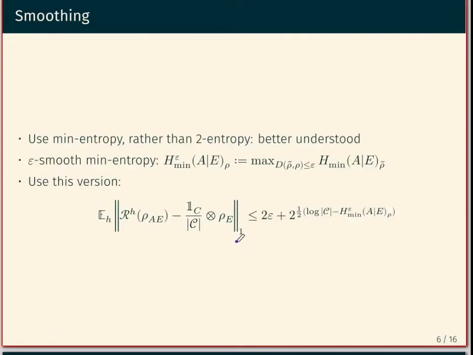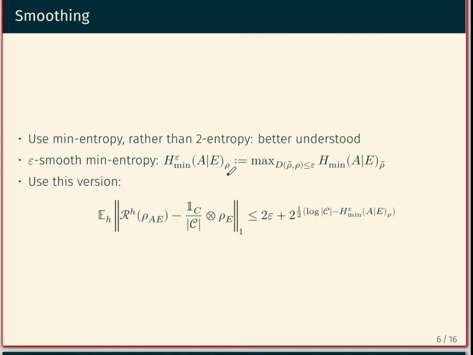So we need to do something about it, and what we do is called smoothing to deal with this. The first step is that instead of using the 2 entropy, we just go for the min entropy directly, because it's better understood, and it's a lower bound on the 2 entropy, and we look at the epsilon smooth min entropy.